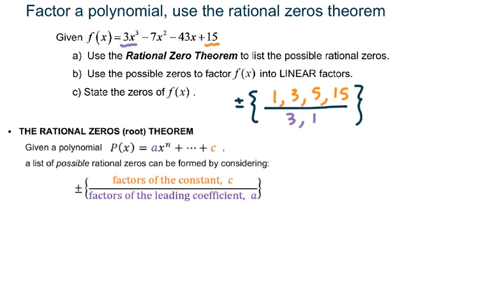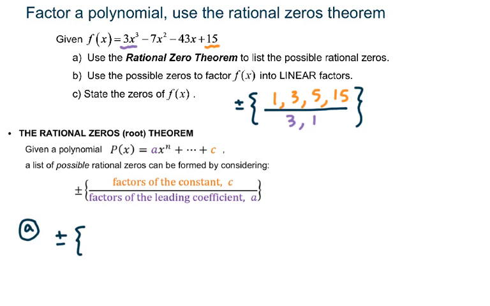So this creates a set of numbers for us, right? So for part A, my possible set, I have plus or minus 1 over 3, 1 over 1, which is just 1. 3 over 3 simplifies to 1, which I already have listed, so I don't need to write it. 3 over 1 gives me 3. 5 over 3, 5 over 1, which I'll just write as 5. 15 over 3 simplifies to 5, which I just wrote, and 15 over 1.